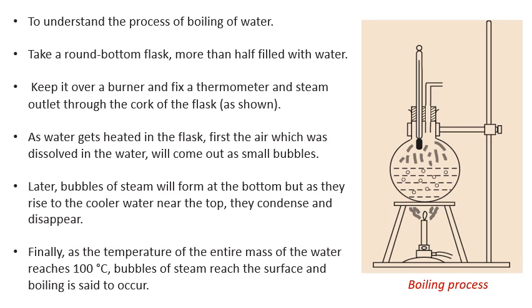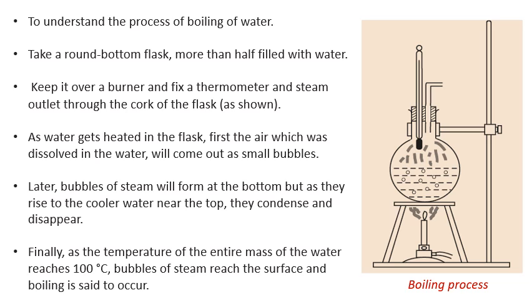As water gets heated in the flask, first the air which was dissolved in the water will come out in the form of bubbles. And later on, bubbles of steam will form at the bottom, but as they rise to the cooler water near the top, they condense and disappear.